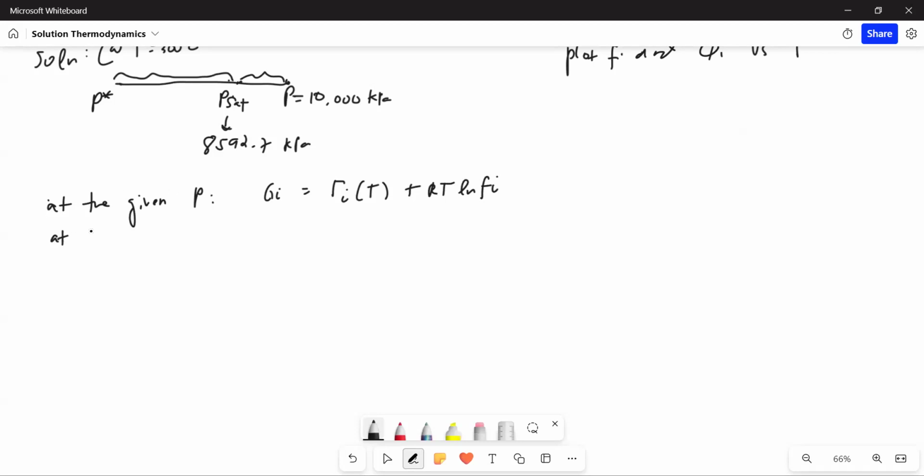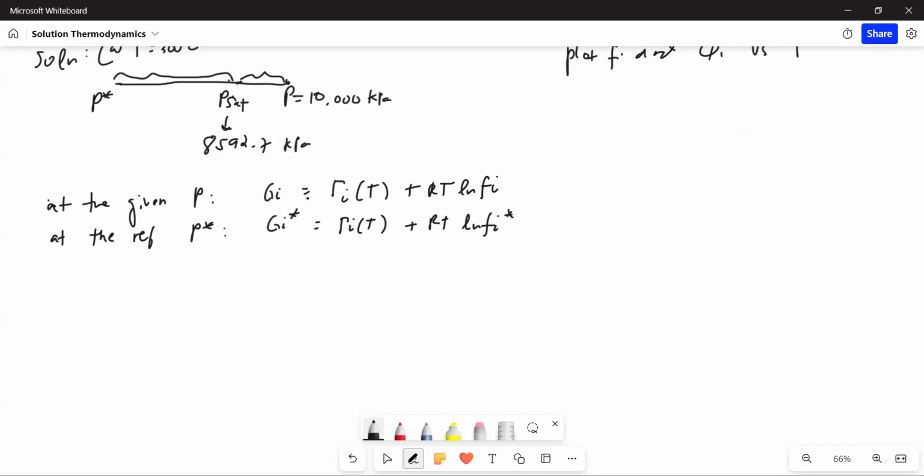And then at the reference pressure, G sub i star is our integration constant plus RT ln f sub i star.